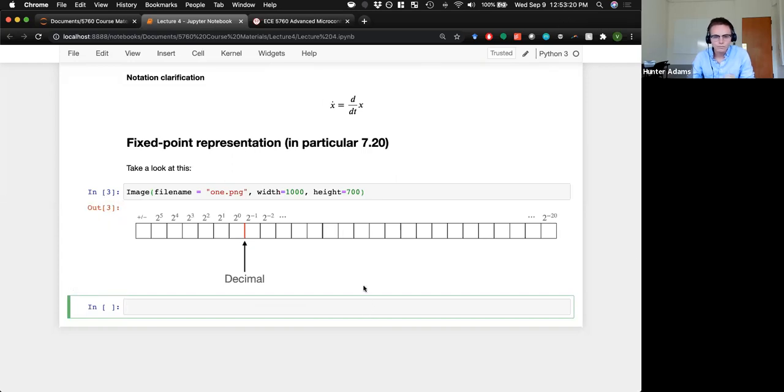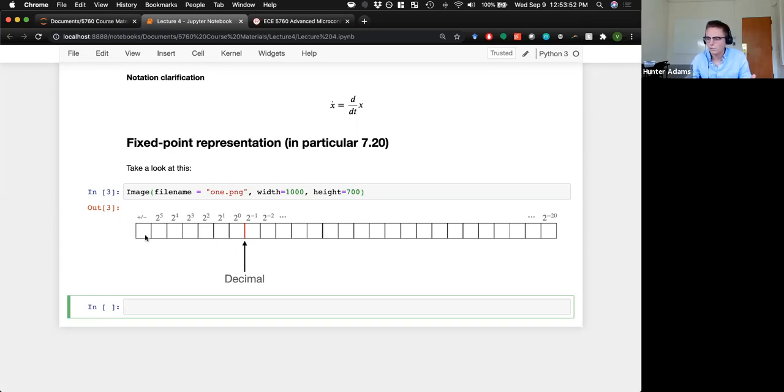So we're using 7.20 fixed point representation, which means the total size of the register which holds our value is 27 bits wide, where we assume that the decimal point is between positions 19 and 20. So that is to say, we have 20 bits below our decimal and 6 bits above our decimal.